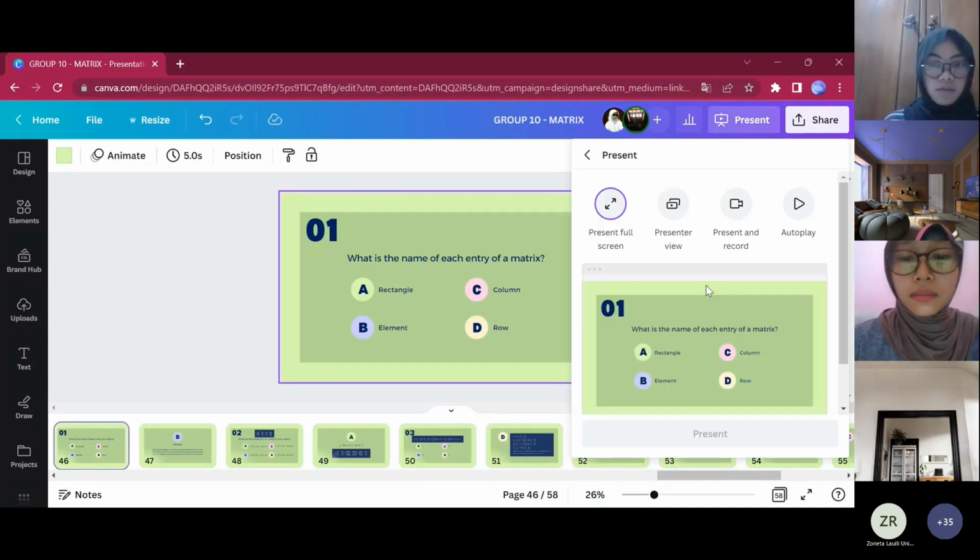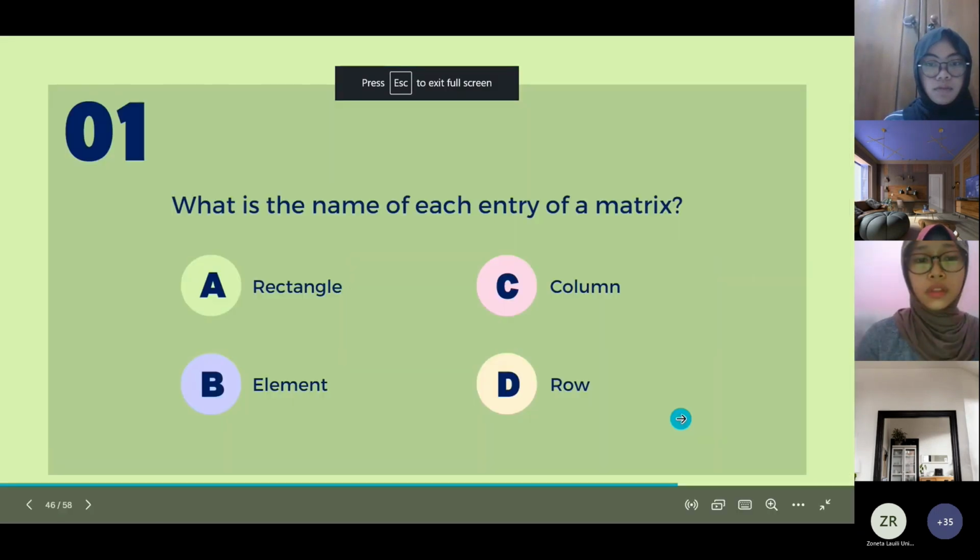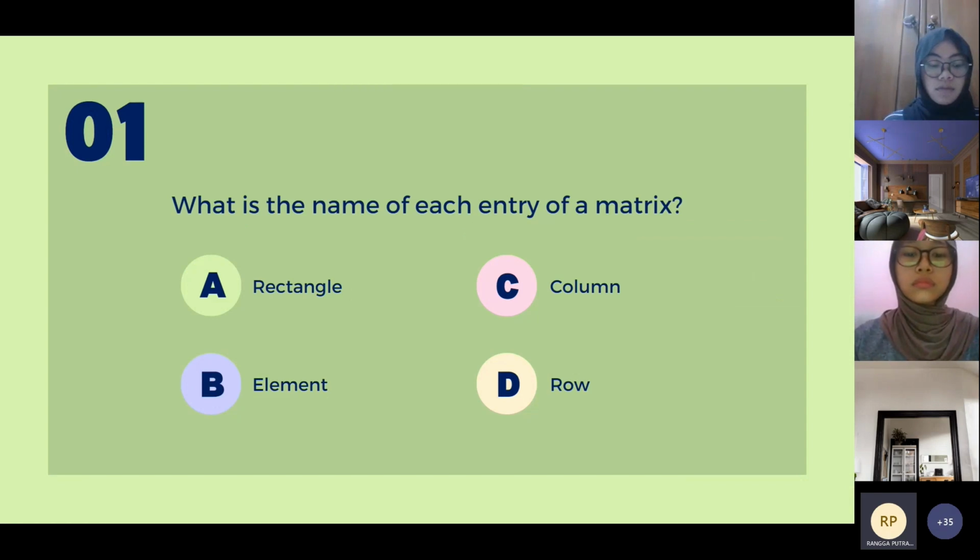Okay, on my screen, Angga is going to answer question number 1. The answer is B, element.